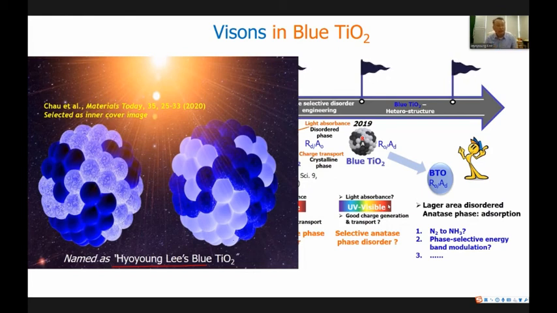Okay, so here are some more applications. We are trying photocatalytic nitrogen conversion to make ammonia, like the Haber process, but at room temperature or a very low temperature, less than 100 degrees Celsius, producing ammonia from nitrogen.